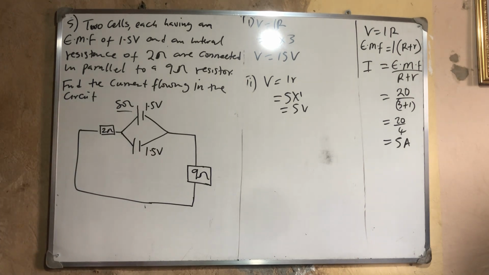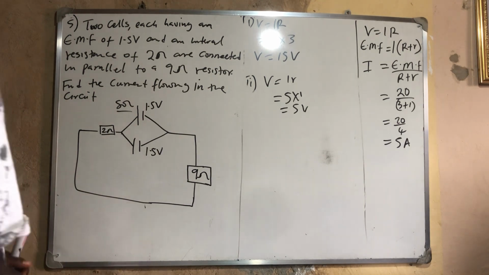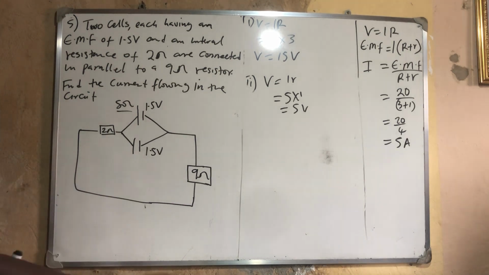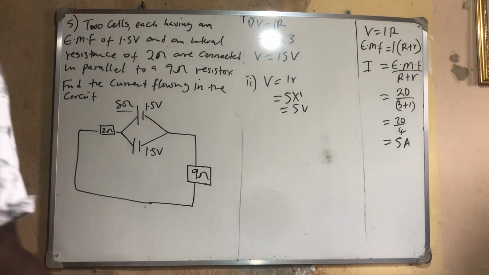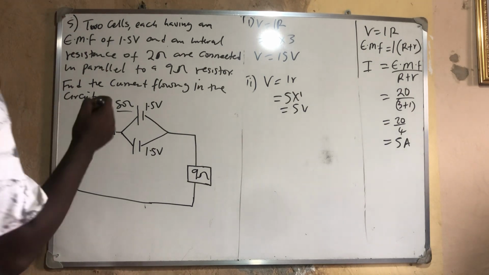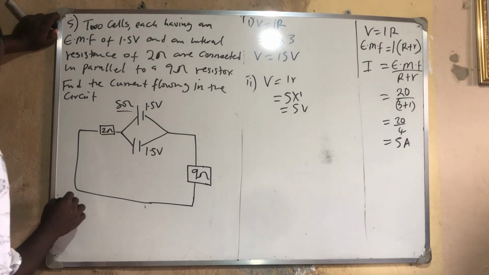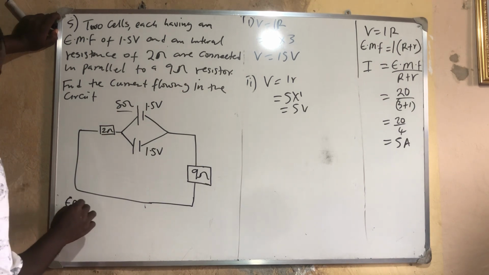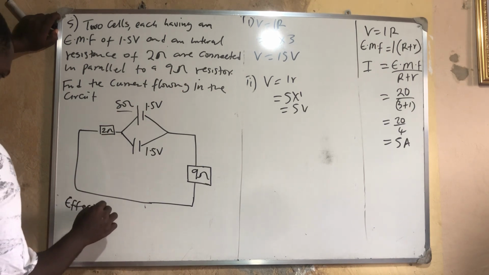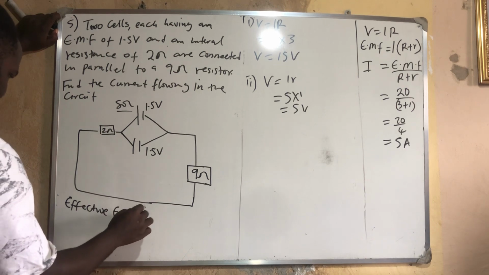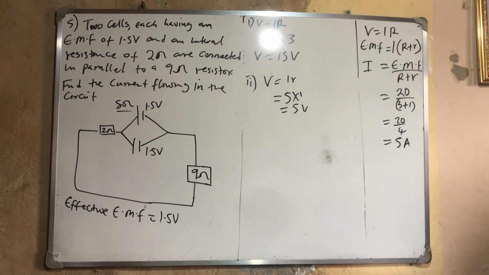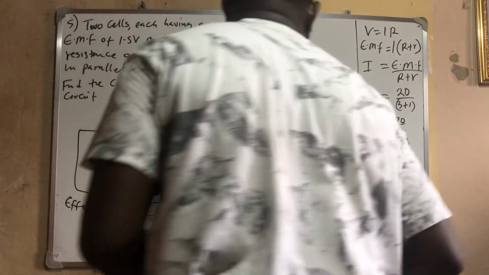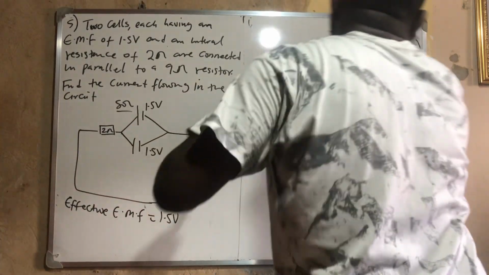Don't forget that the potential difference across anything in parallel is the same. So the total effective EMF is equal to 1.5 volts. We are not adding, it's the same thing everywhere, because it is a parallel connection.